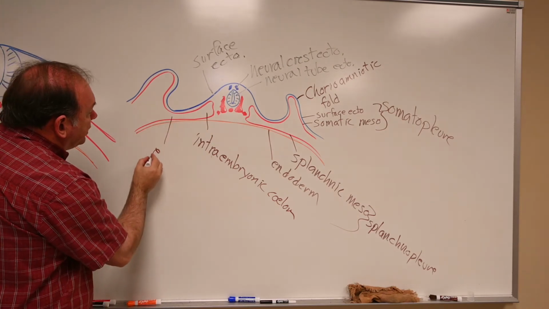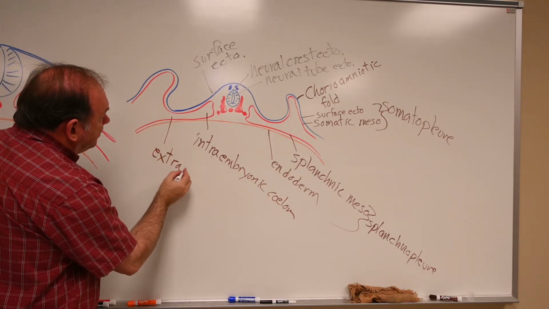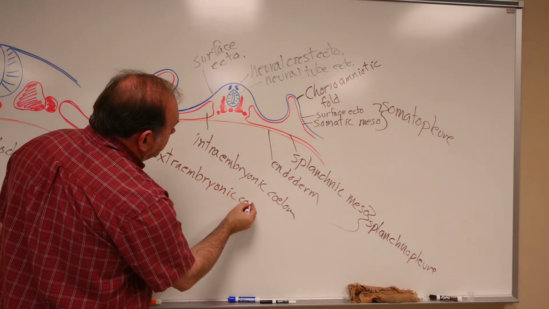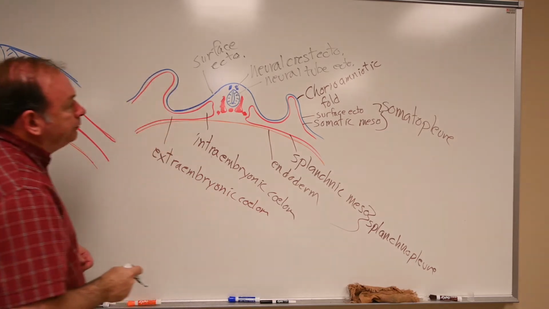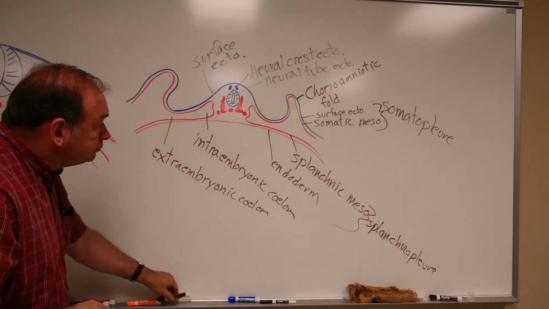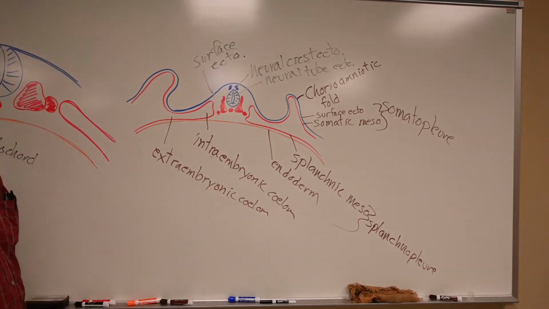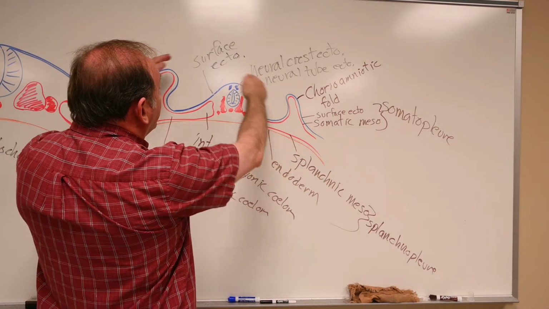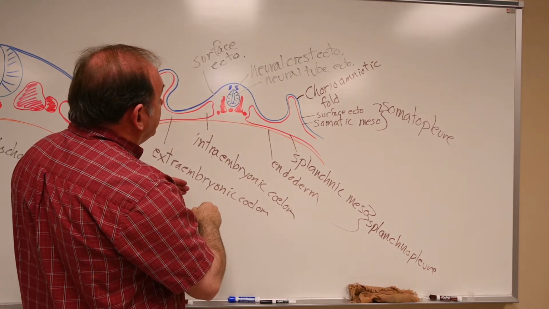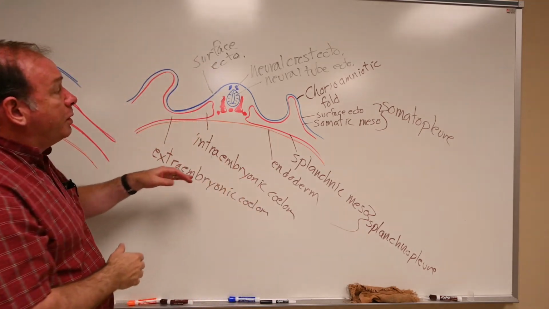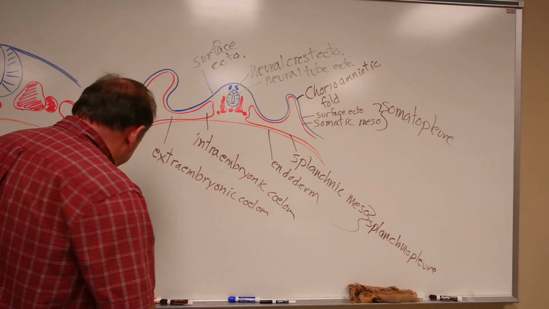This is going to be extra-embryonic coelom. In the next picture, we'll draw the chorioamniotic folds completely covering the embryo. It won't look a lot different otherwise. It'll have still the same material other than that.